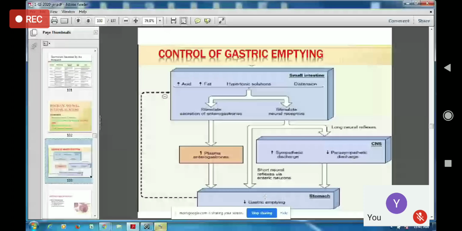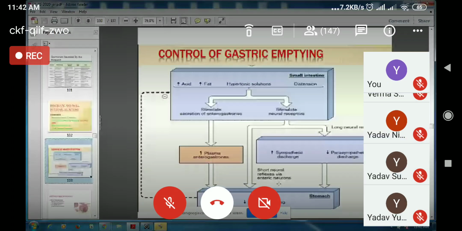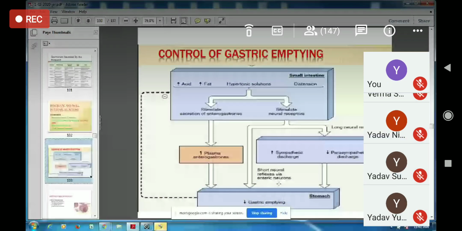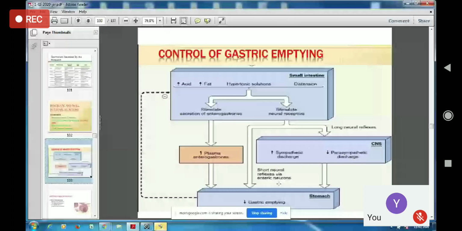Then there are short neural reflexes of the enteric neurons, and there are long neural reflexes. Short neural reflexes occur via enteric neurons. That means we are talking about myenteric and sympathetic discharge.